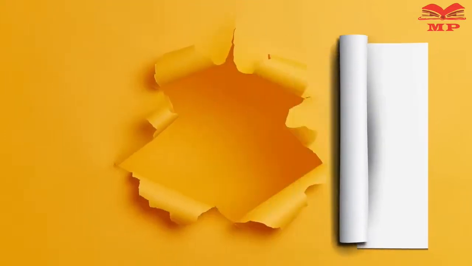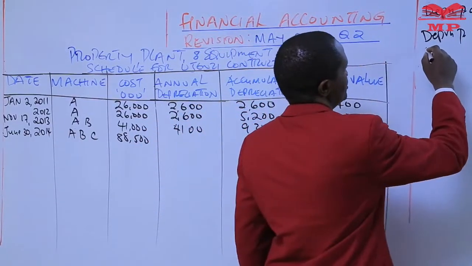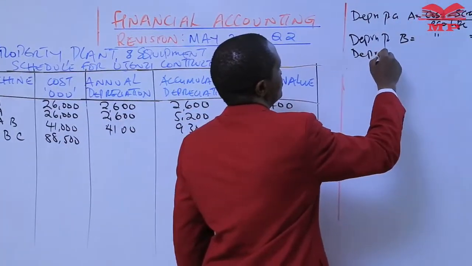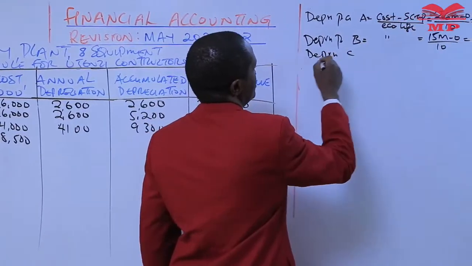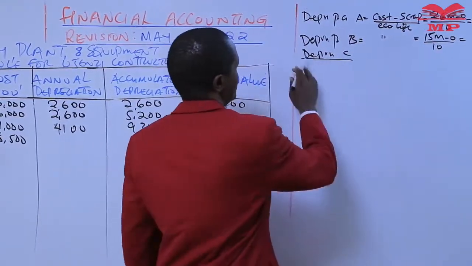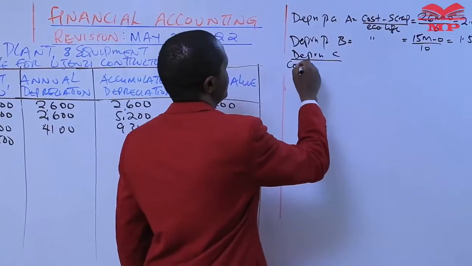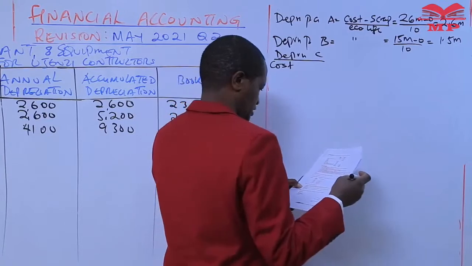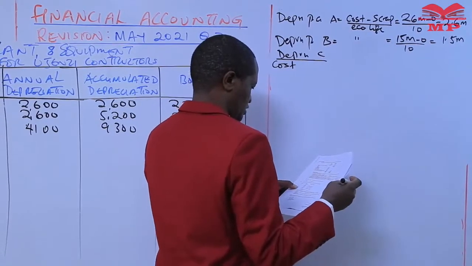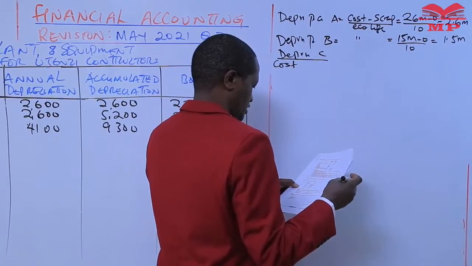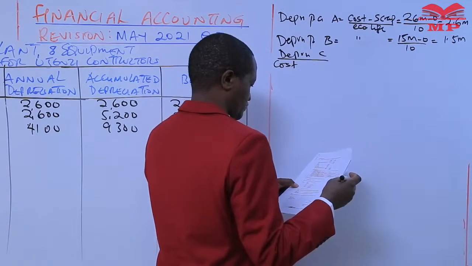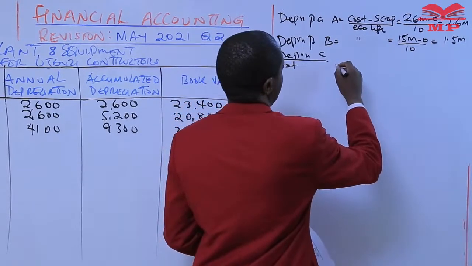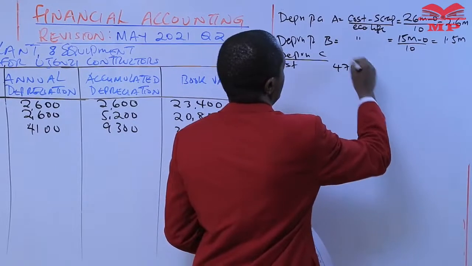So we are going to calculate the depreciation for machine C. We know the cost is 47,500.